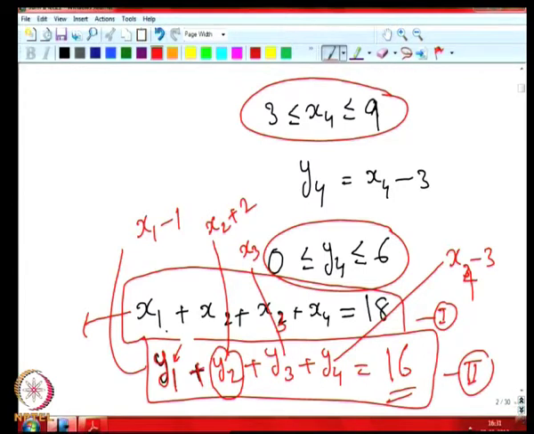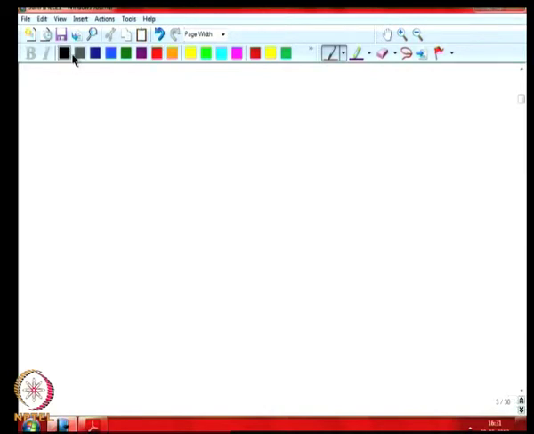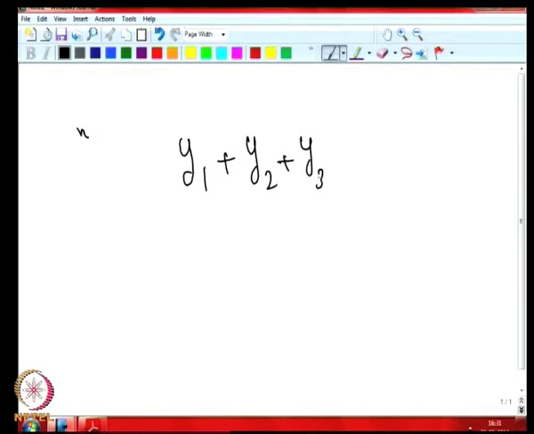So now we can write the second equation. This is y1 plus y2 plus y3 plus y4 equal to 16.